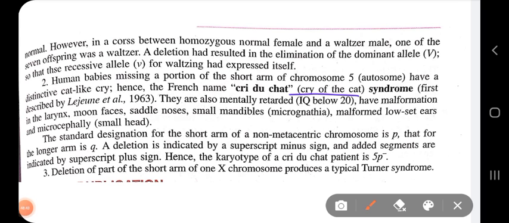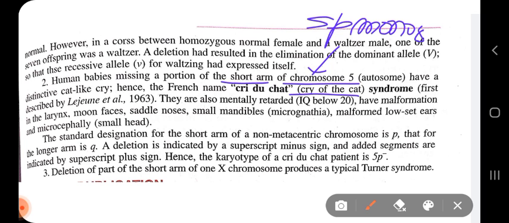It occurs due to deletion of the short arm of chromosome number 5. It is also called 5p monosomy, because monosomy also means missing of a chromosome or chromosomal fragment. So the short arm of chromosome number 5 is lost, which leads to Cri-du-chat syndrome.